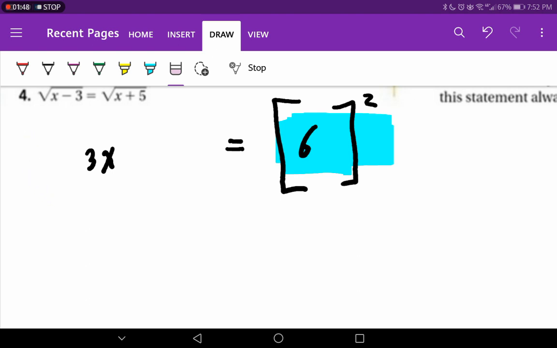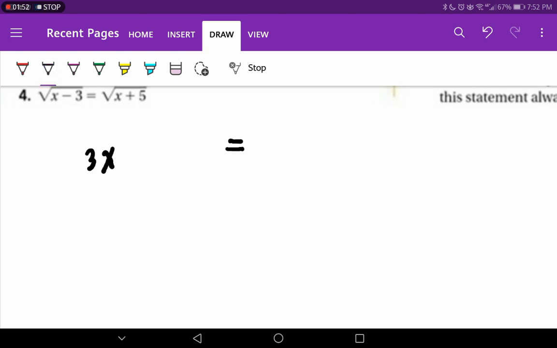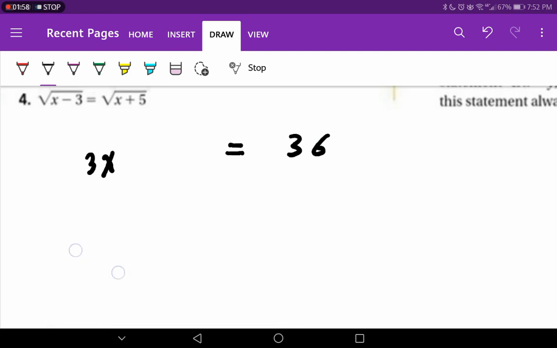But here 6 with power 2 equals 36. So we reach here. Divide by 3 on the left side, and what you do on the left side you do on the right side, so the 3 is eliminated, and 36 divided by 3 gives what? Yes, 12. So the solution is 12.